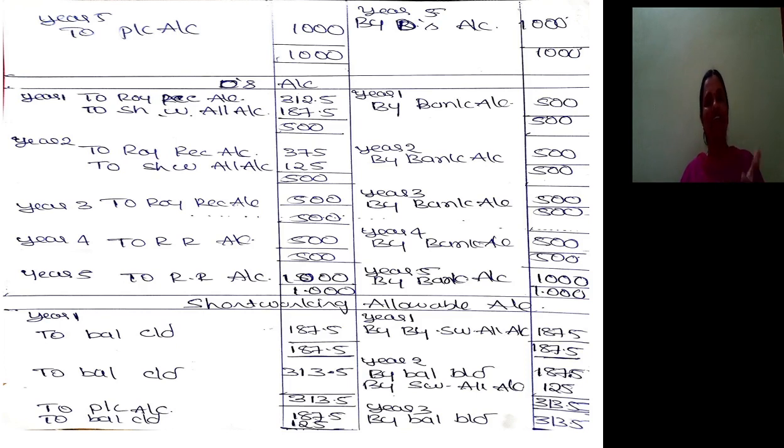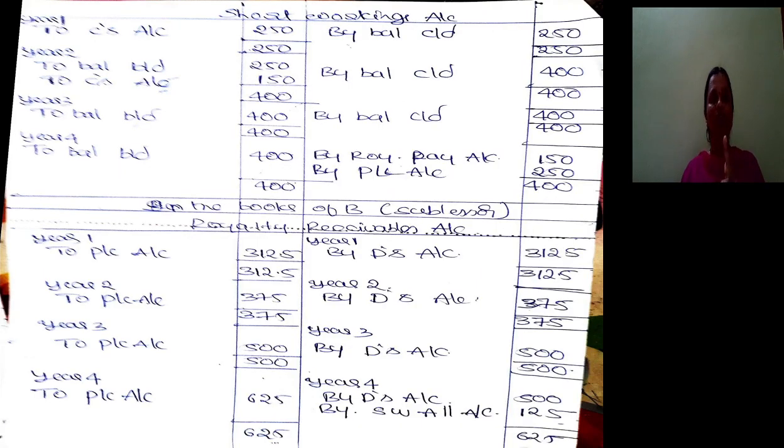Because what's the journal entry? D's account debtor to royalty receivable to short working allowable. So in short working allowable account, you have to write by D's account. By mistake I have written it as by short working allowable. You have to write it as by D's account 187.5, not short working allowable account. So in royalty receivable, by D's account 312.5.